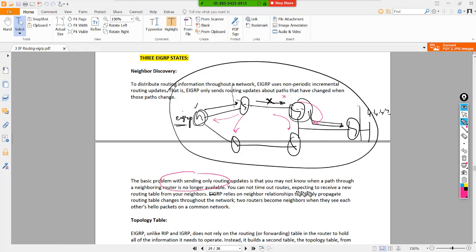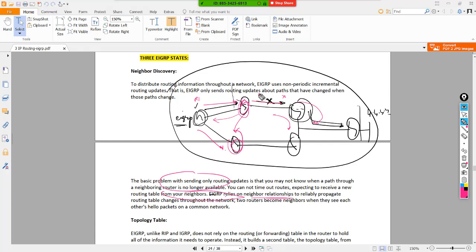Okay, so expecting a new routing table from your neighbor, EIGRP relies on neighbor relationship. From the point of R1, it's just sending the packets. Now it's up to these routers to decide whether to send or not.